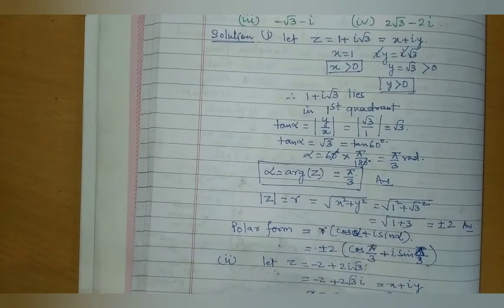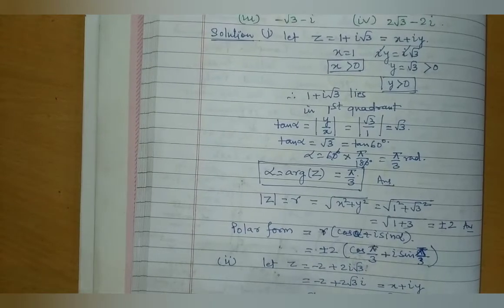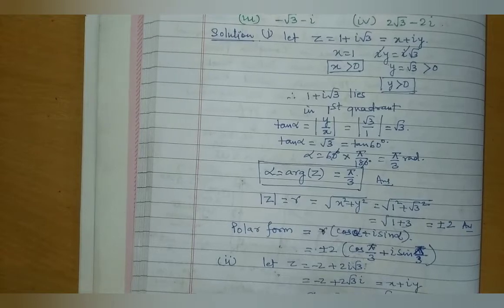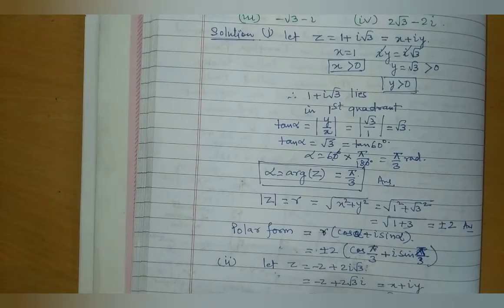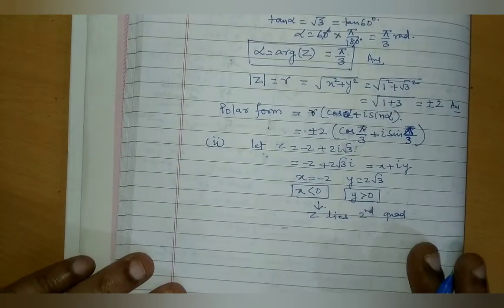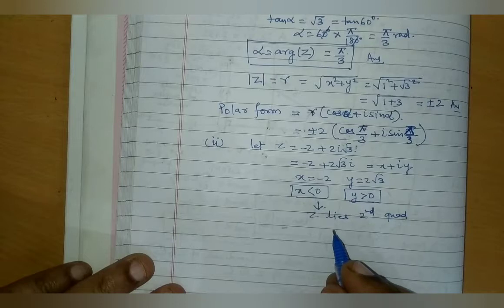So x is negative, x is less than 0, and y is greater than 0. It means that the complex number z lies in which quadrant? In the second quadrant. In the second quadrant, the argument is always an obtuse angle.